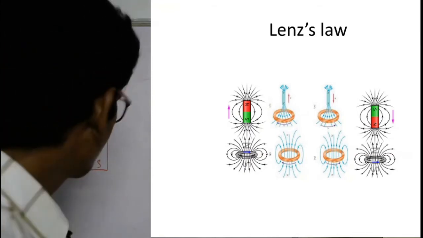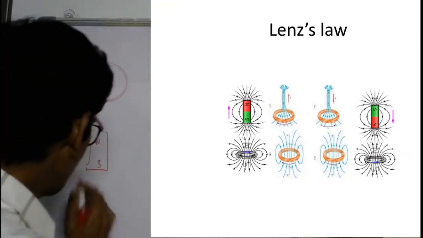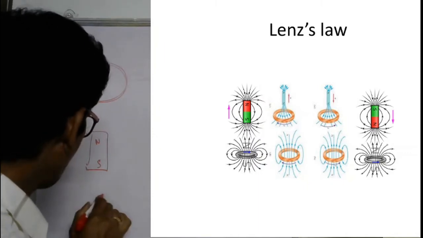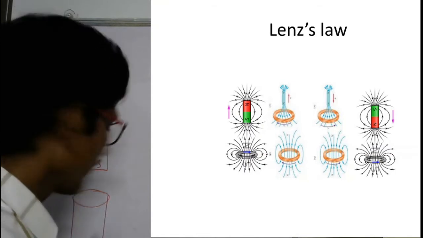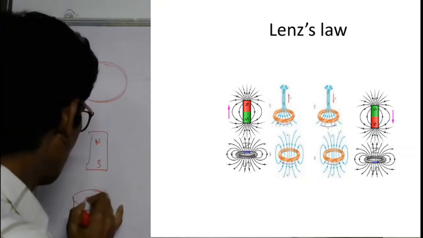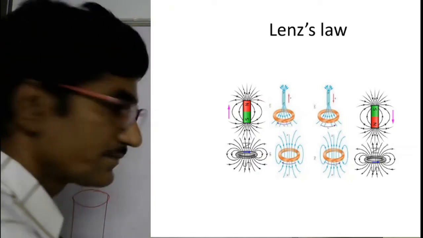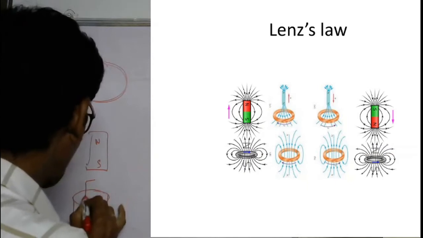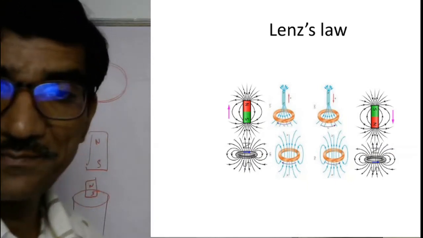Okay. The same thing can be constructed in a different way. You may take a metal cylinder and just allow a tiny magnet to fall inside. You allow this magnet to fall through this cylinder.